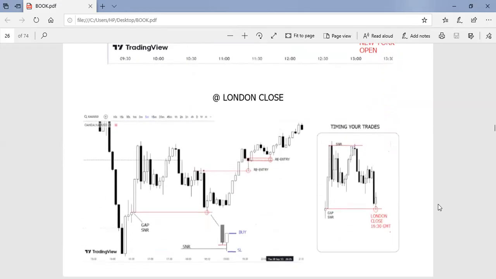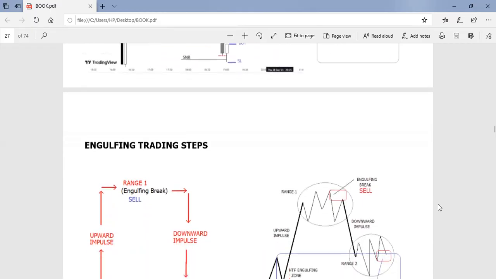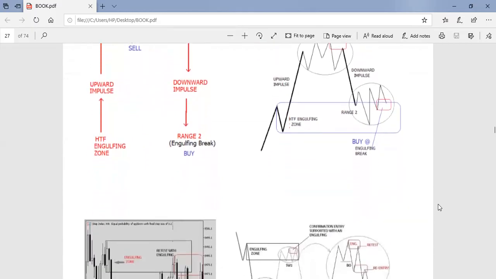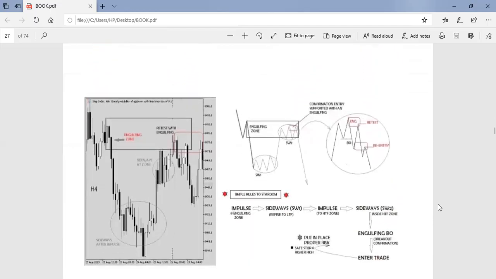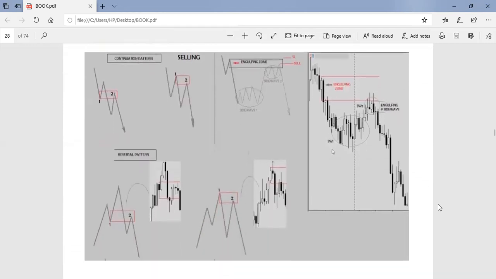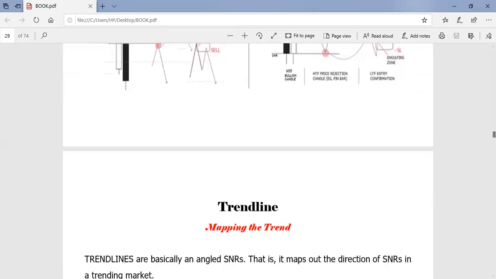Maybe when we come back, then we'll talk about the trade plan. When we come back, we'll talk about this trade plan, entry confirmation, the setup, right? Before we go finally into trend line.